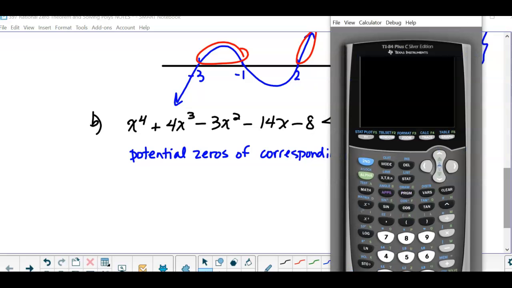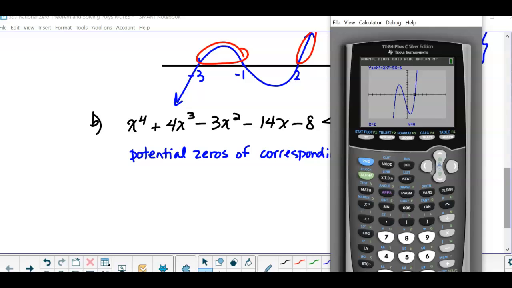Okay, so then we can graph this. And again, you could figure this out graphically, but you might be asked to do it algebraically.